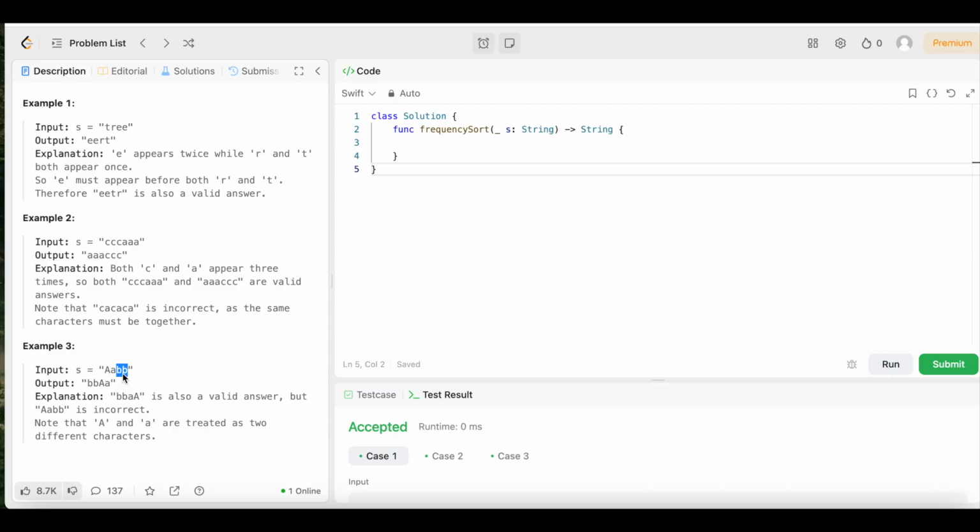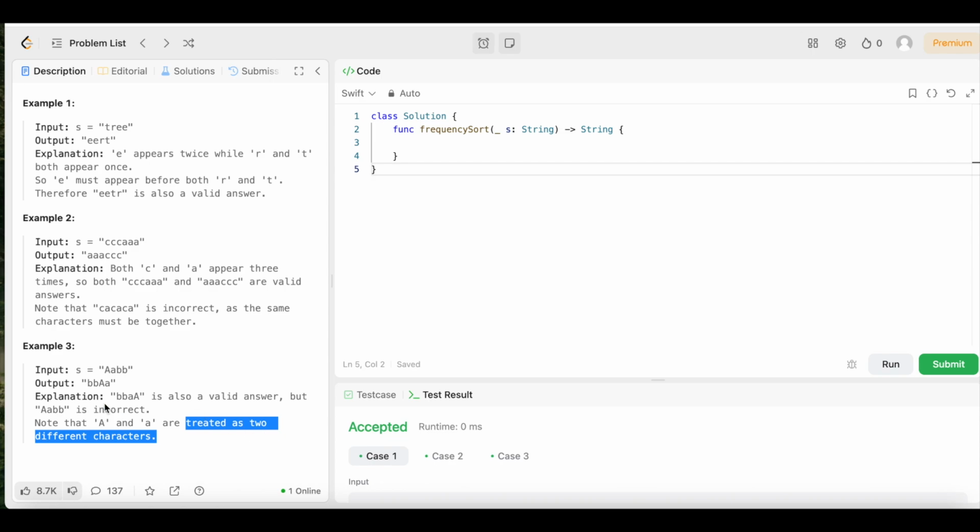So since bb occurs twice, we know we have to put bb first. After we put bb first, we could return the lowercase a or uppercase A in any order. The uppercase A could come first or the lowercase a could come first because they both have one occurrence, since they are treated as two different characters.